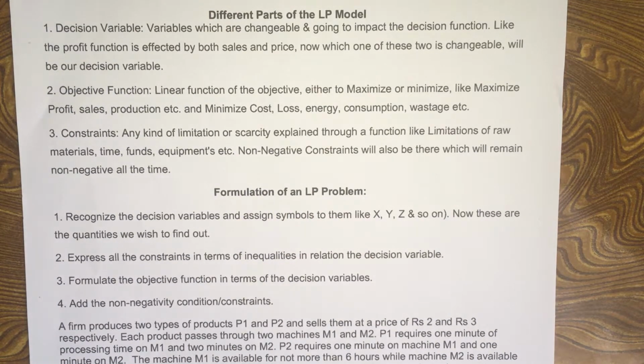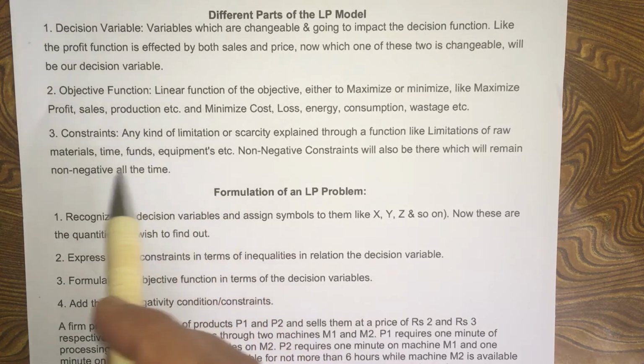For example, you want to produce product A and product B as much as possible, but there are constraints in terms of, let's say, raw material and machine hours. So you have to achieve your objective function within the constraints.